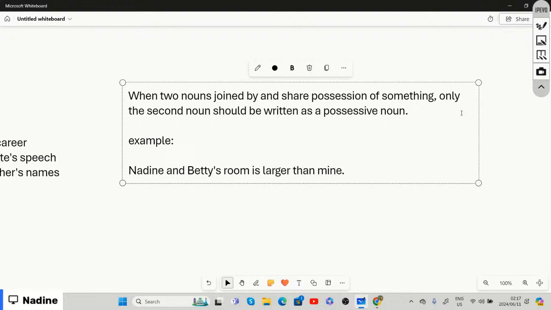Which means that if we have two words joined by the word and, then the second name needs to show the possession. So we only add an apostrophe and an s to the second name. You're not going to say Nadine's and Betty's.